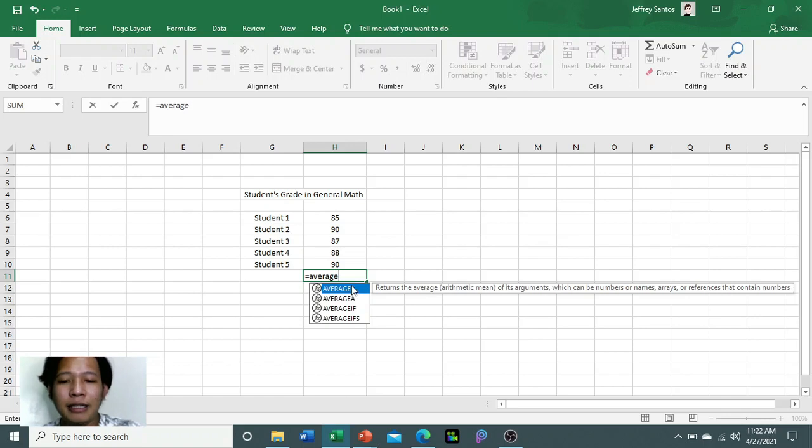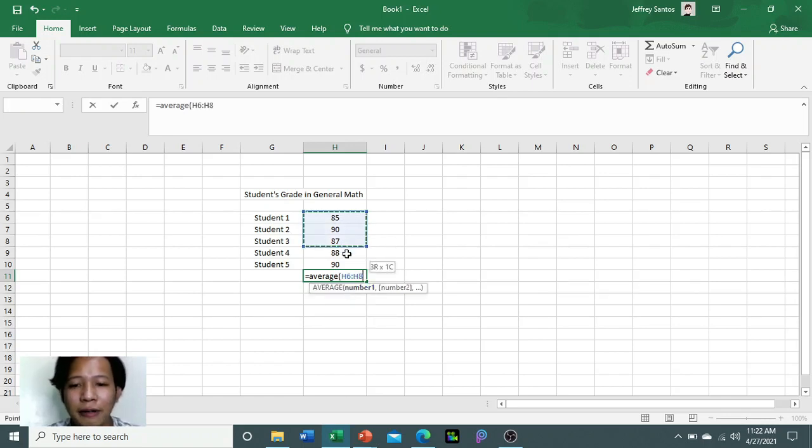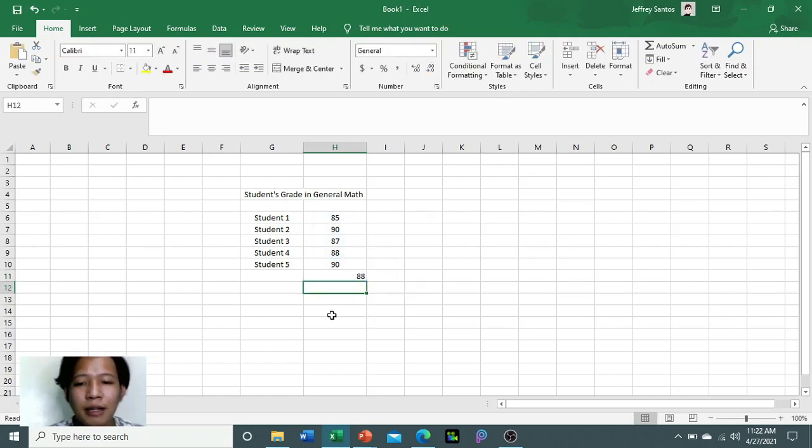So, our population mean is 88, or 88.00. This is our population mean, represented by the Greek letter mu.